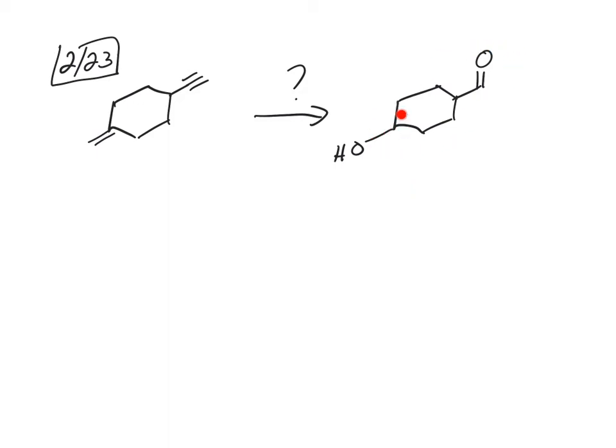But how could I get a ketone to react in the presence of an aldehyde? That should also be a clue. This is an aldehyde, and this came from a ketone. How could I make that happen? Protecting groups, right? So the first step back will be, okay, I must have had a protecting group on that aldehyde.